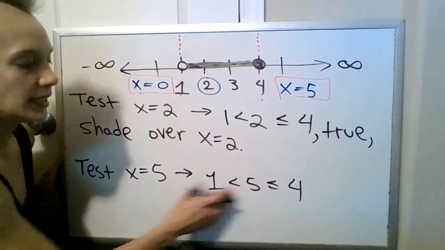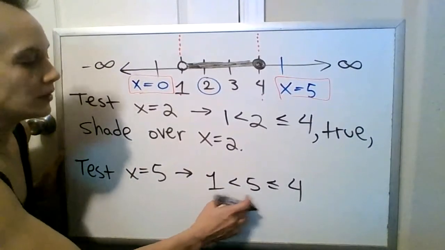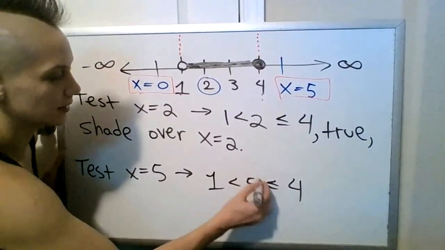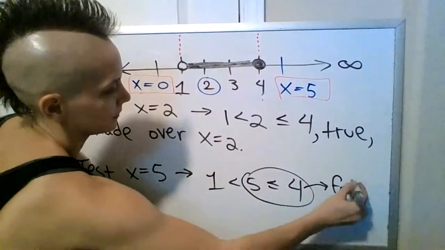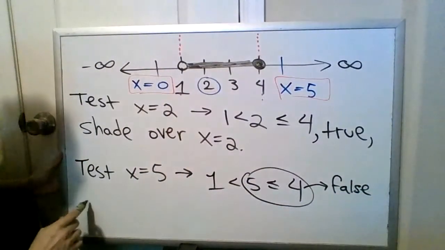So you need 1 less than 5, yes, that's true. And you need 5 less than or equal to 4. That's false. So do not shade over x equals 5.